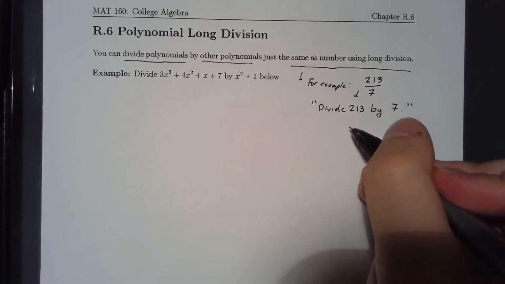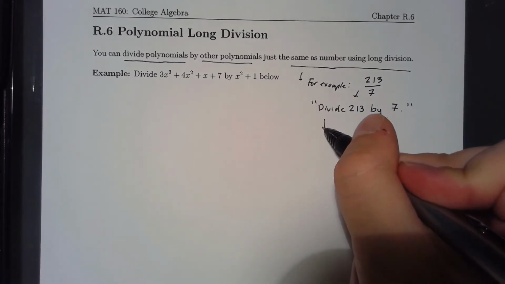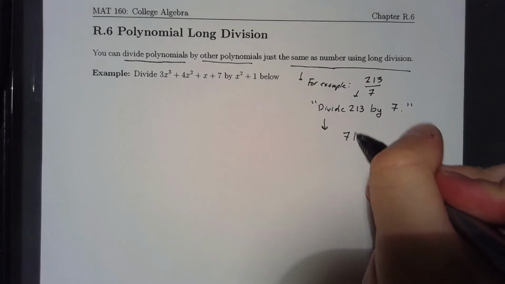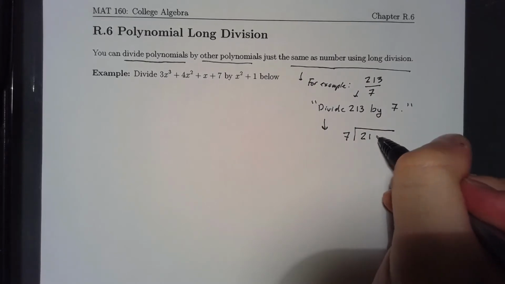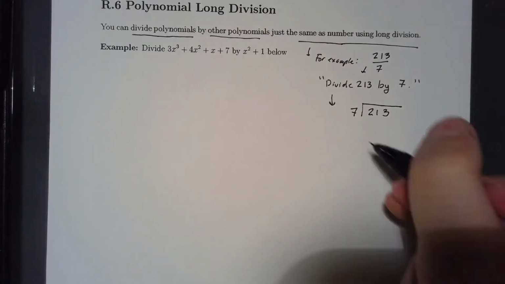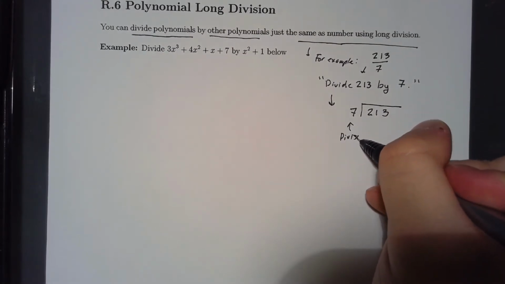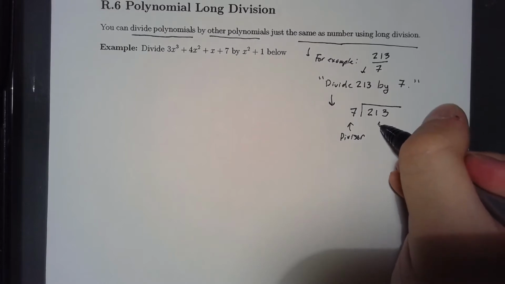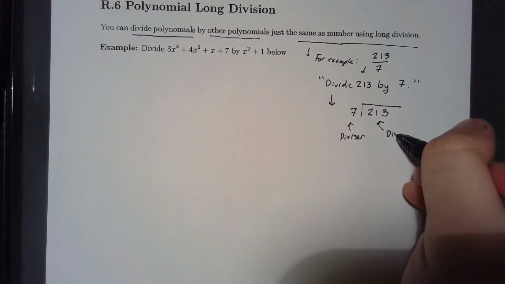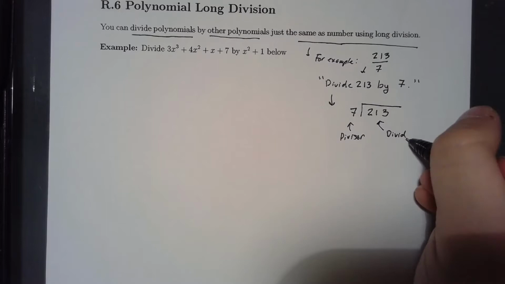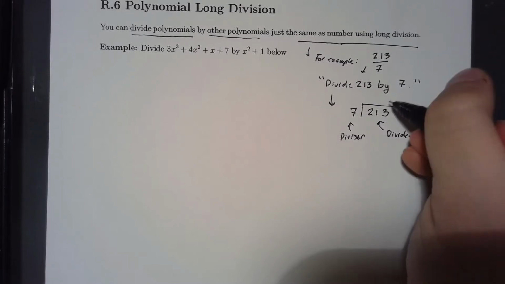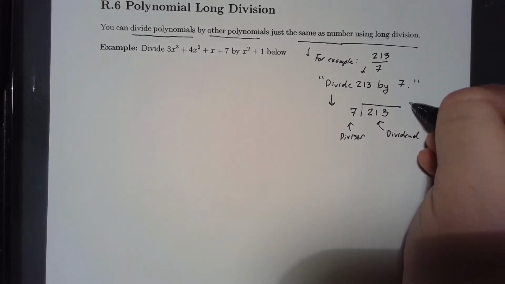You would do this without your calculator, obviously. You would do 7 goes into 213. This right here is the divisor. This right here is called the dividend. And the result, your answer, will be the quotient.